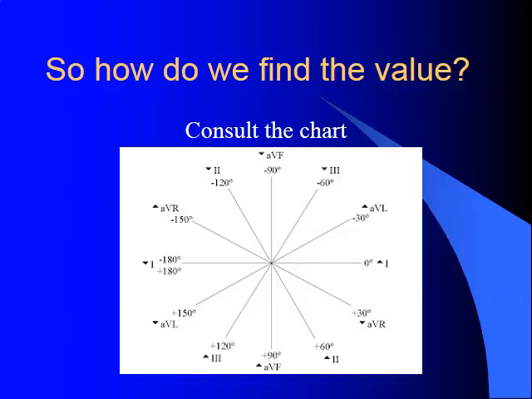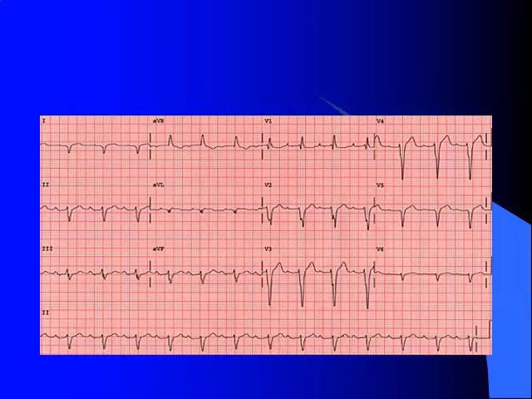That is AVR, which is perpendicular, and we want to look at AVR and determine if our complexes in AVR are mostly positive or mostly negative. We determine that most of our complexes in AVR are mostly positive, and that tells us we have an axis of negative 150 degrees, which is an extreme right axis deviation.